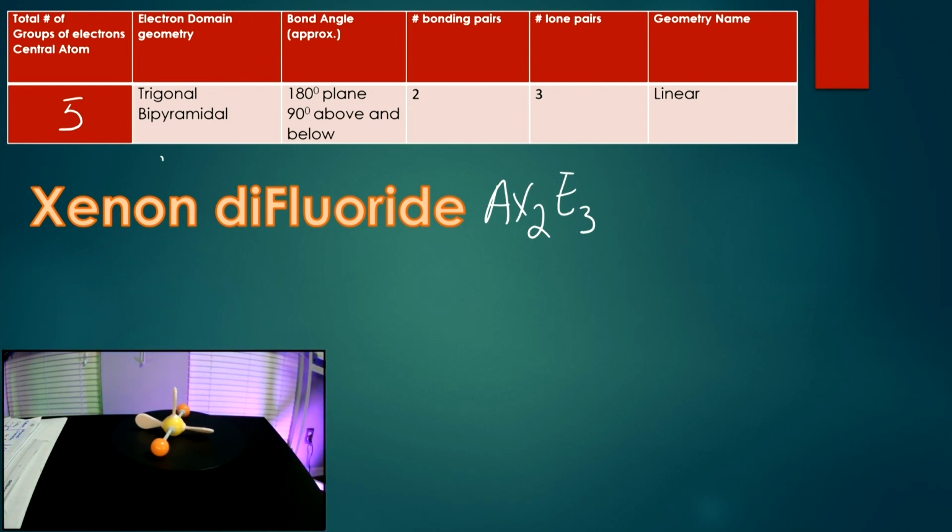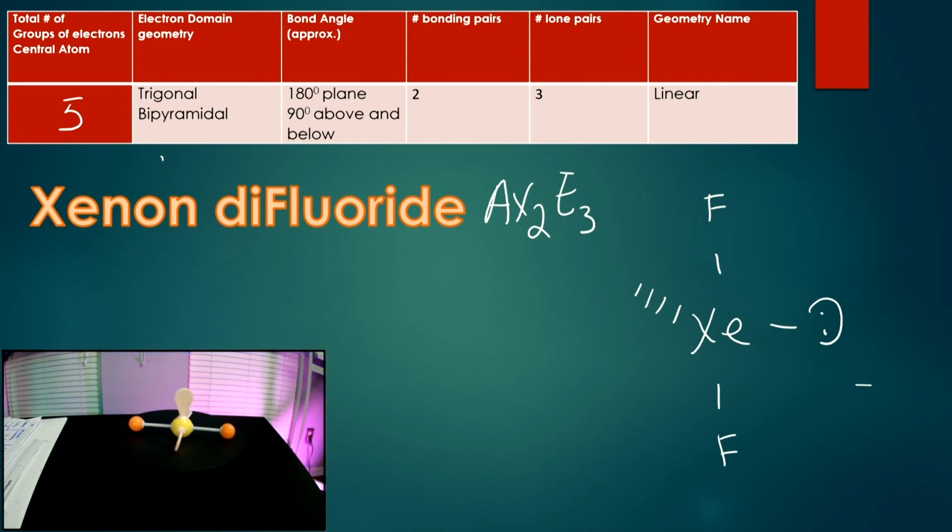So what goes in the center will be our Xe. Our fluorines are going to be either side, F and F. So that means everything else is going to be a lone pair. So our dash line will be a lone pair. Our wedge will have a lone pair.